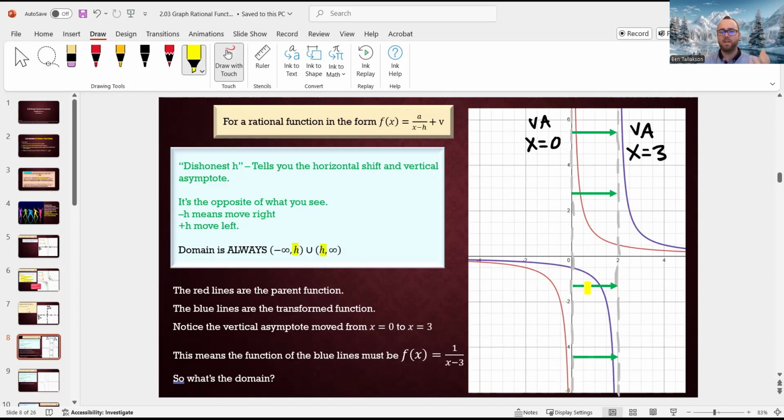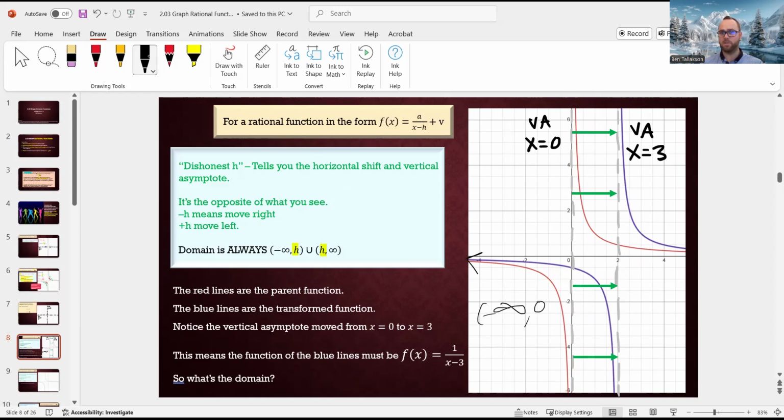That's what an asymptote is, right? It's a line your graph lines never touch or cross. So think about it. This red line is going left forever, and that's negative infinity. And it comes all the way up to this x value of 0, but we have no points on that line. So h in this case is 0.